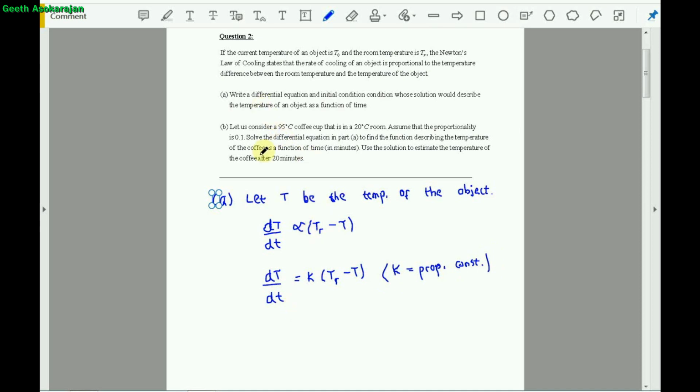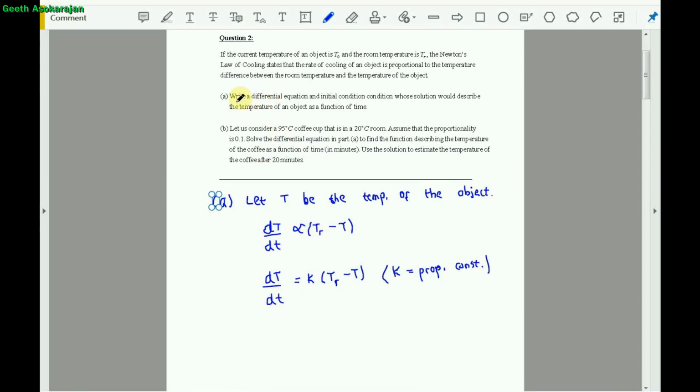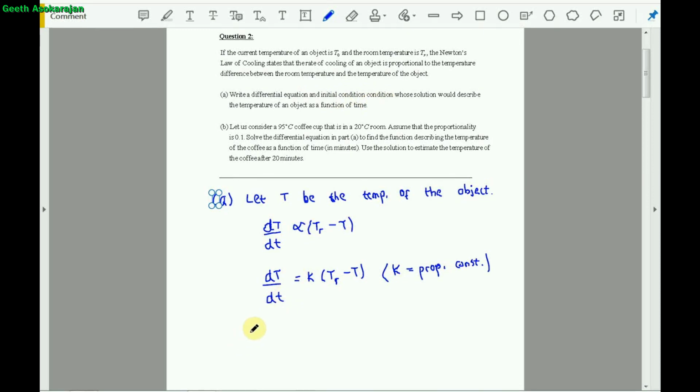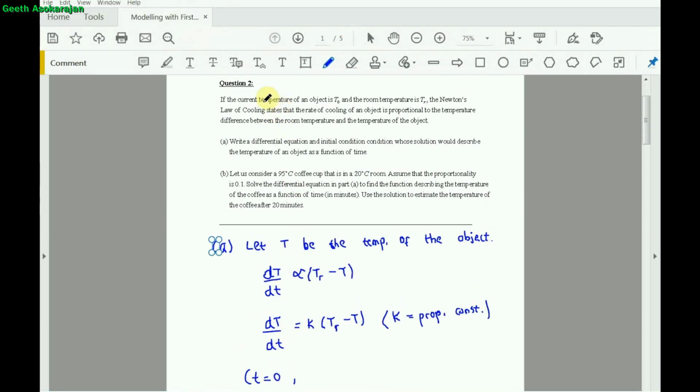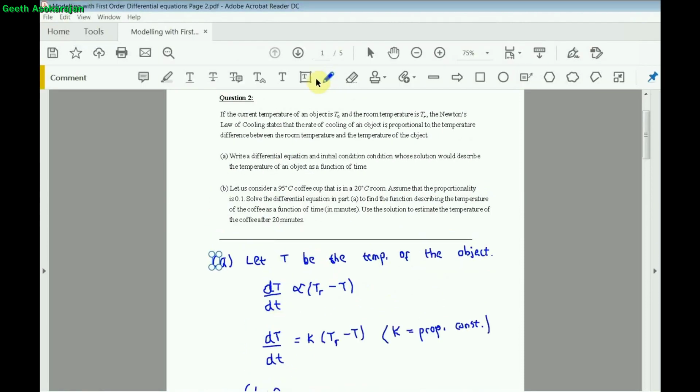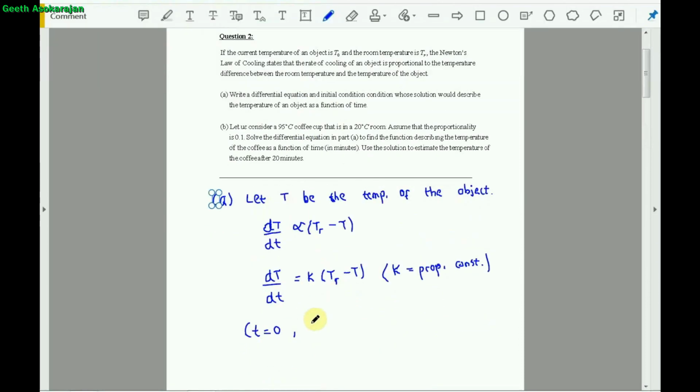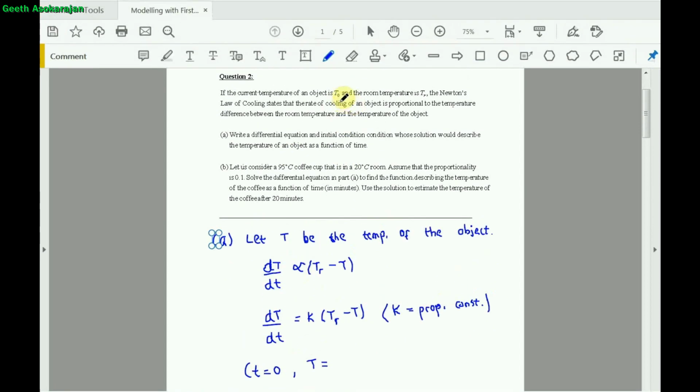And so as you can see, we wrote a differential equation, but we also need to write down the initial condition. So initial condition means what happens when t is equal to 0. So small t referring to the time. So when t is equal to 0, we can say that the temperature of the object, meaning capital T, is going to be the current temperature.